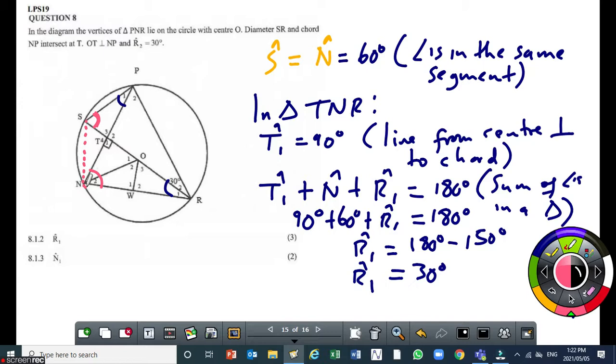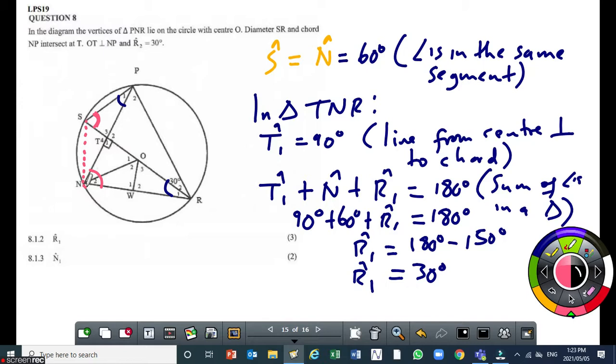Generally, when you are dealing with triangles, it's not encouraged for you to construct your own triangle. You use the given triangle.